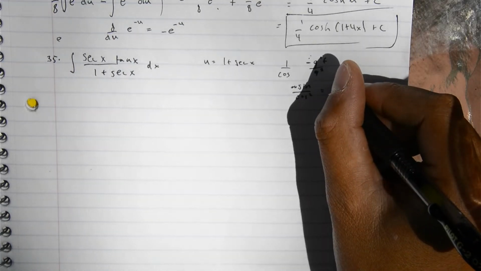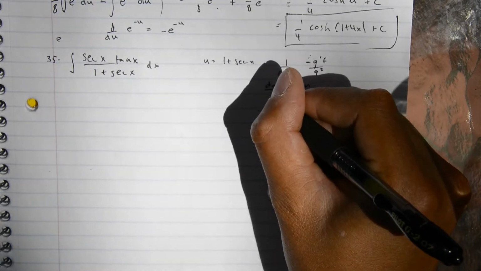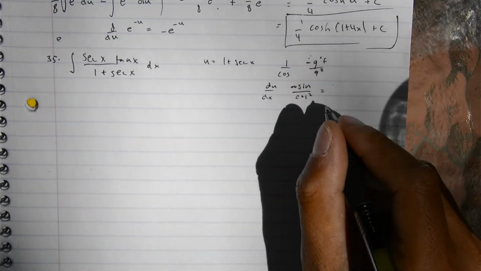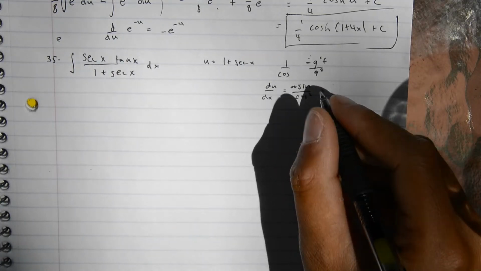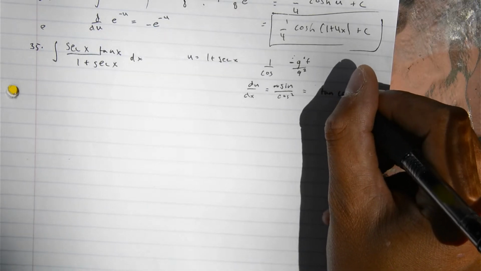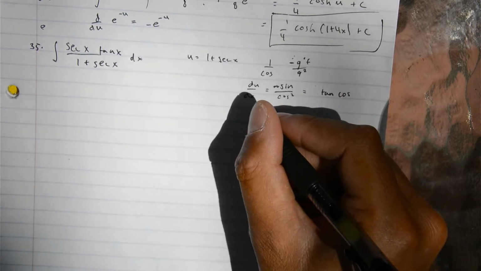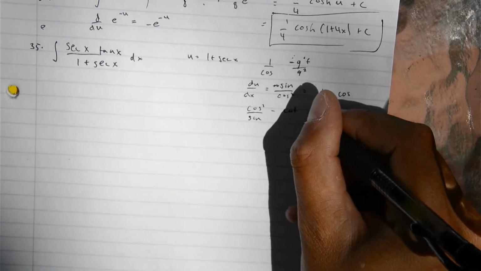We could write it as, well, this is going to be du dx, right? And so what we're going to get is tan cos, because if you invert this, you get cos squared over sine. Oh, it's going to be cot cos.